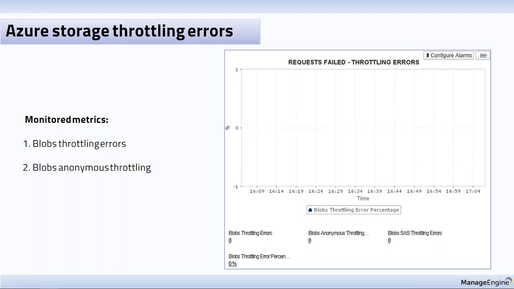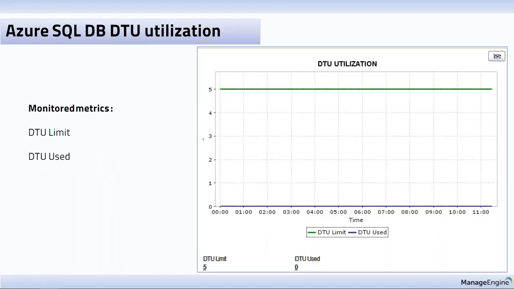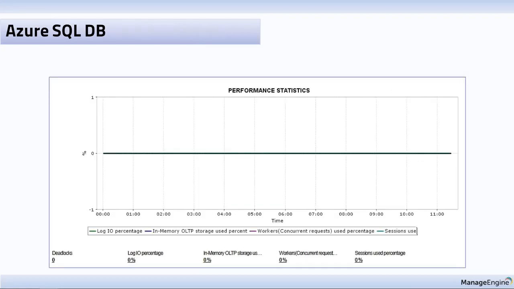Now, with that being said, let us move to the SQL DB, which is the database transaction unit. It is a blended measure of the CPU, memory, as well as the data input-output operations, which is determined by an OLTP benchmark. So the Azure SQL database has various performance metrics that are available for monitoring.